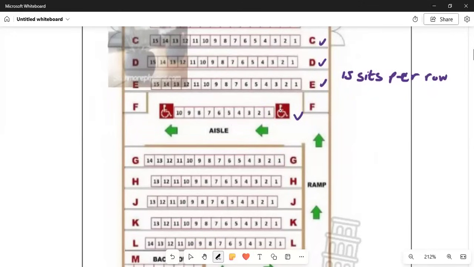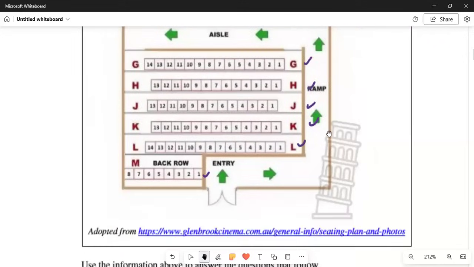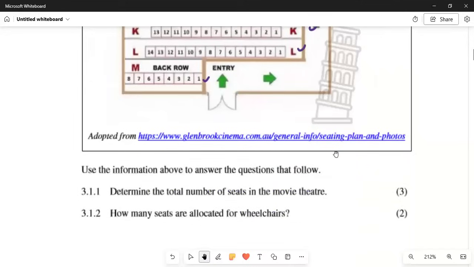It is 10, 14 in G, 13 the ramp, 13, 13 also in K. Moving on, in L, there is a 13 and there is a back row of 8. All right. Then, moving on, they are saying determine the total numbers of seats in the movie theater. So what is it that you are going to do?